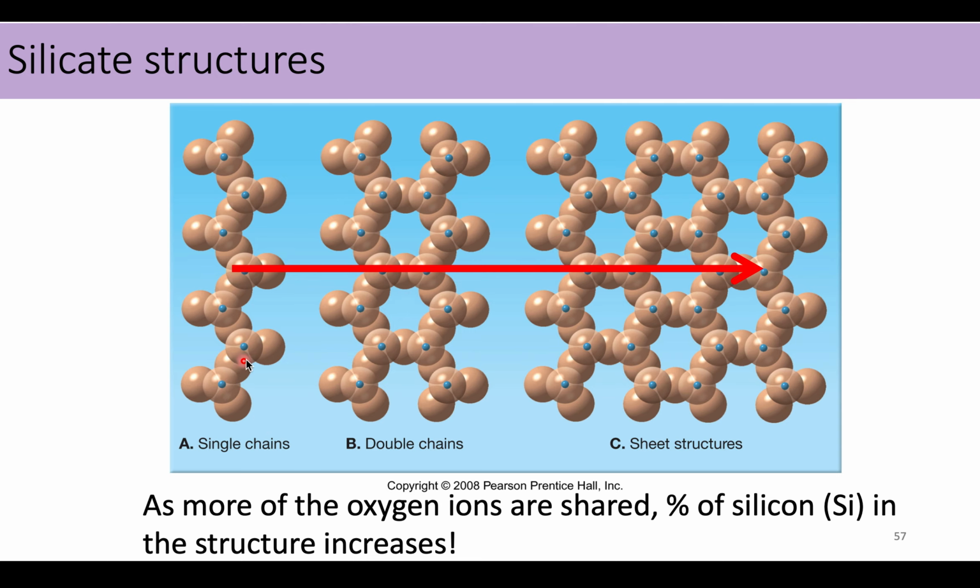So here we're only sharing 1 or 2 oxygen. Here we're sharing 2 and 3 oxygen. Here each one is sharing 3 oxygen. So this means that in the sheet structure, there's more silicon compared to oxygen than there is in the single chain. So the ratio goes up. The percentage of silicon in your mineral increases the more that you're sharing your oxygen.